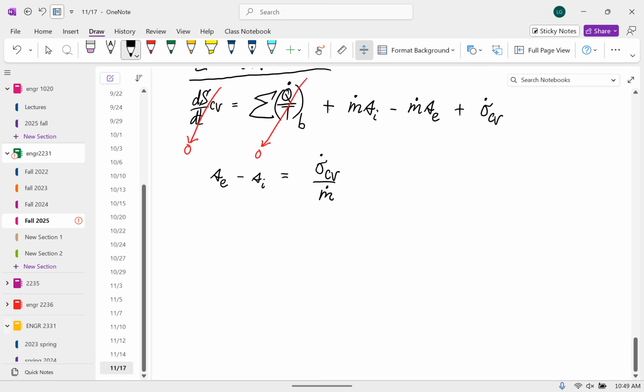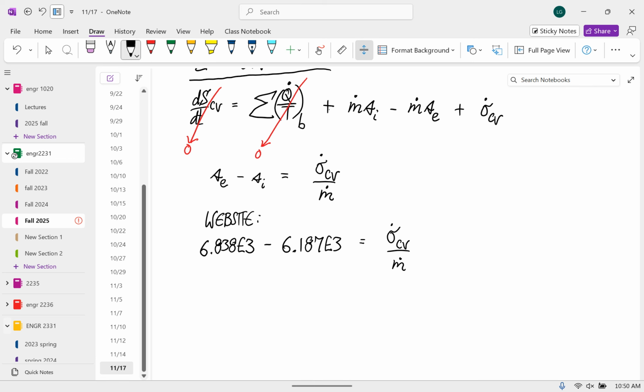And you can look up these specific entropies on the website. And you get that 6.838 times 10 to the third minus 6.187 times 10 to the third is equal to this thing.